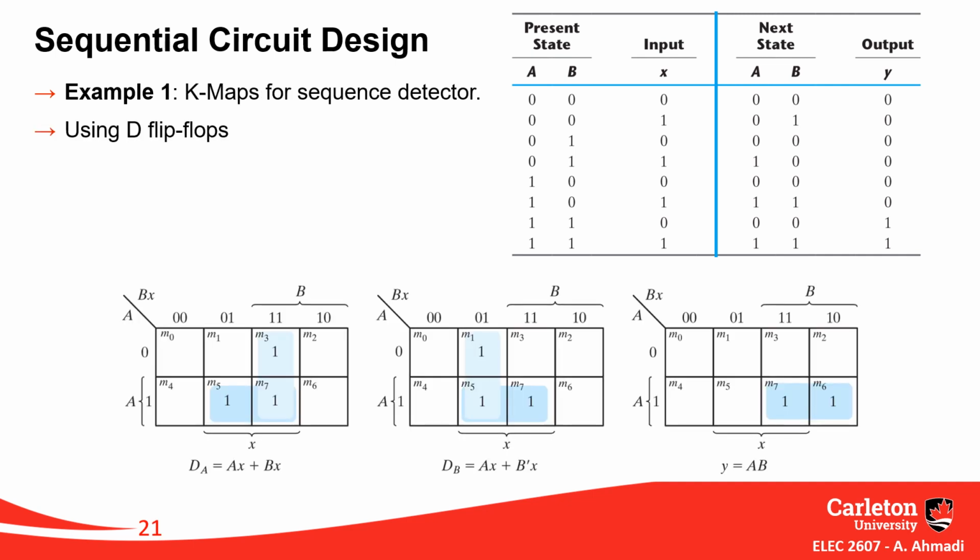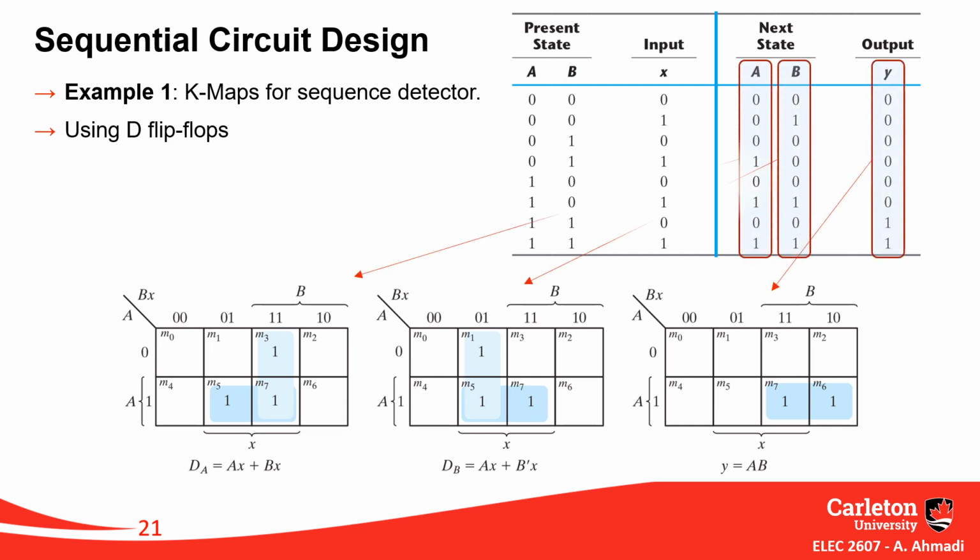If I use D flip-flop, this would be the solution. For D flip-flop, as we mentioned before, it's transparent. Whatever you want your next state to be, you just have it in the input of your D flip-flop, and that will do the job for you.